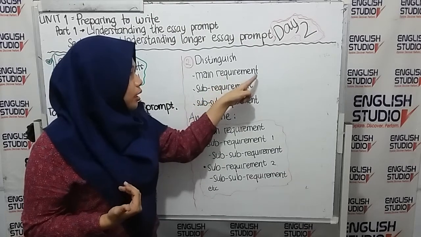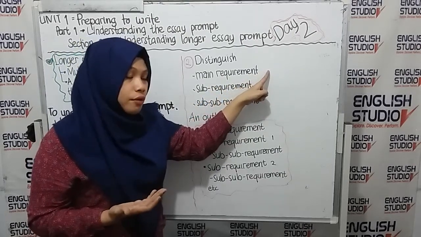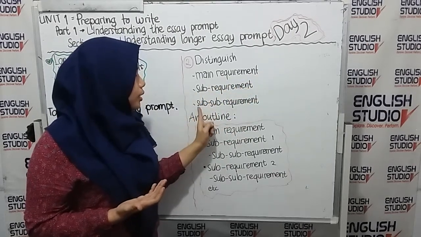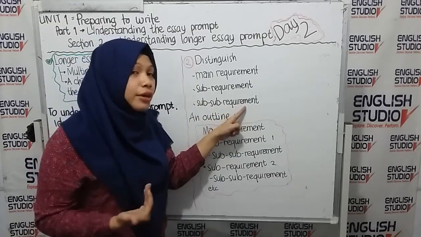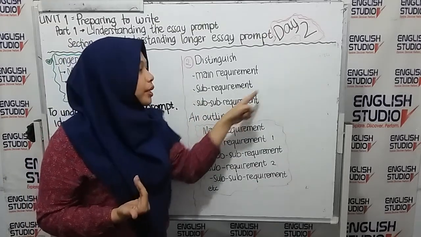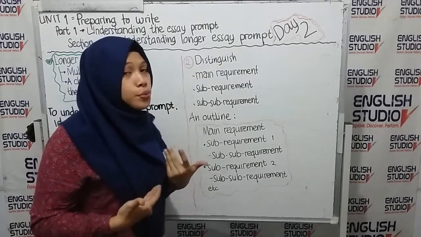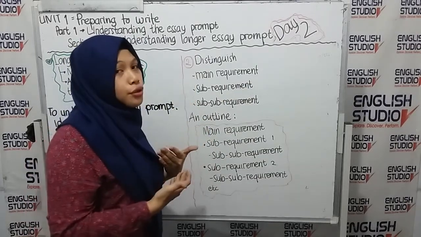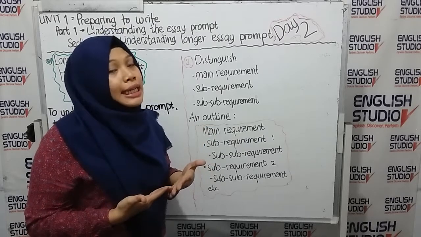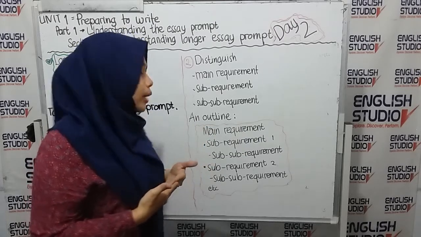Remember that this is the main focus of the writer, and for sub requirements, a different level of attention should be paid. But all of these, main requirement and sub requirements, should be addressed or answered by the writer in his or her essay.